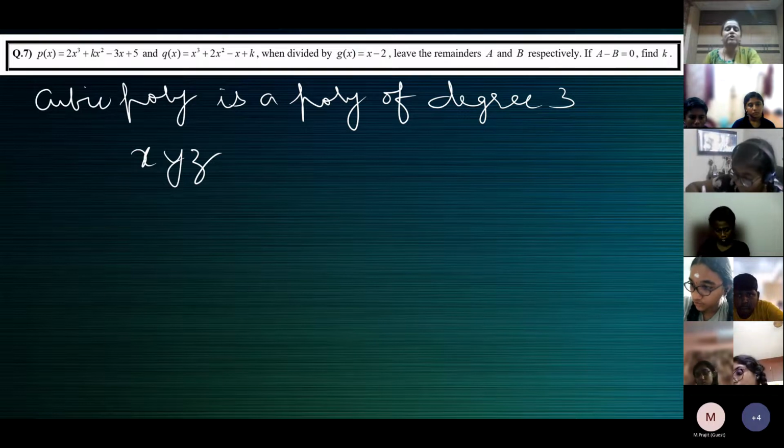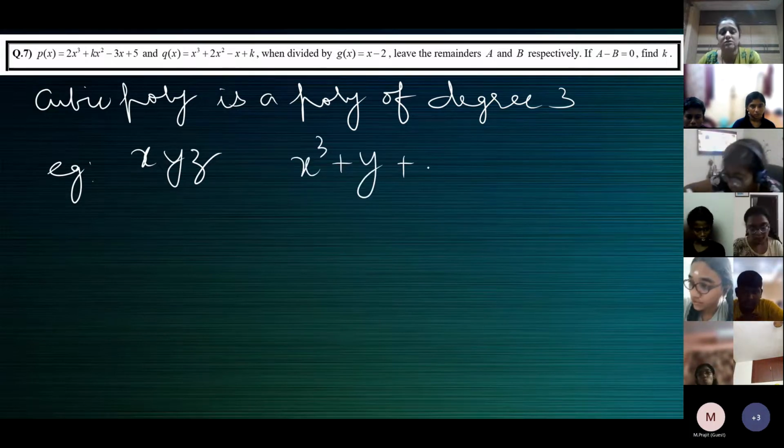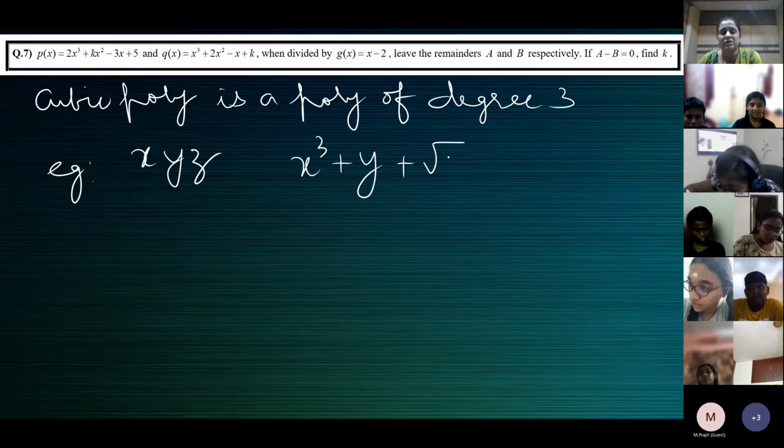It is a cubic polynomial in 3 variables x, y, and z. Example is xyz, children, or x cubed plus y plus something like root 7.